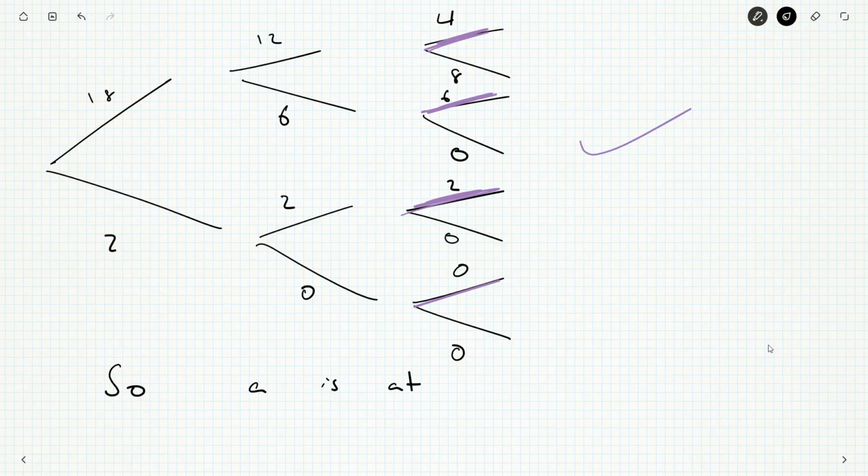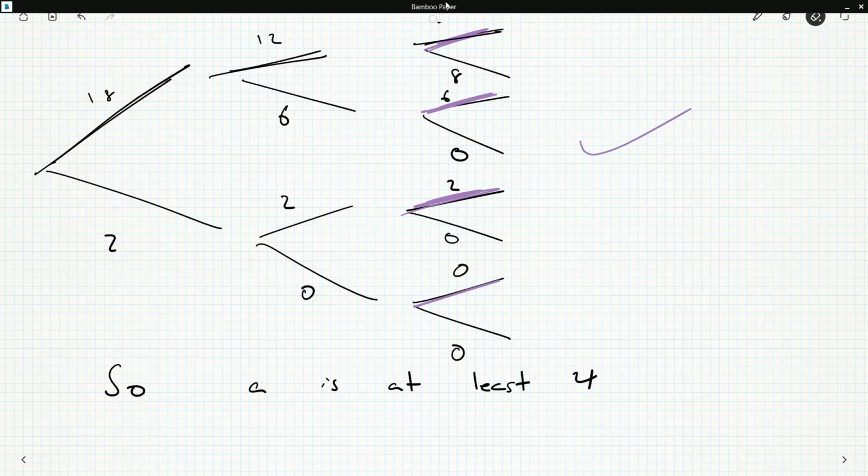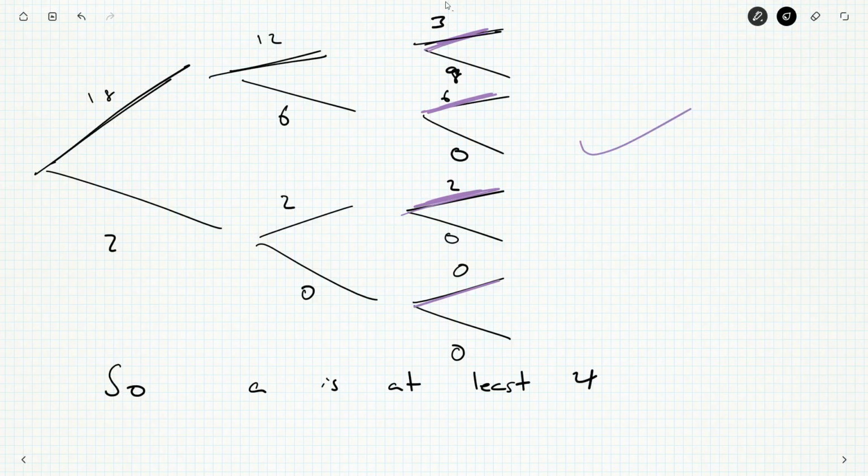So A is at least 4. And remember, A was correct, correct, correct. All 3 correct. And that's the number that we were looking for. Okay. You might ask, could it be smaller? Well, then we'd need to have something like this is 3, but then that would bump G up to 9.